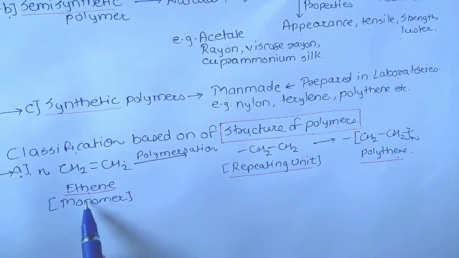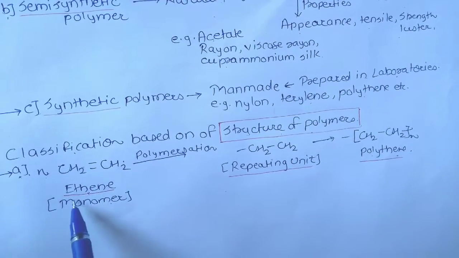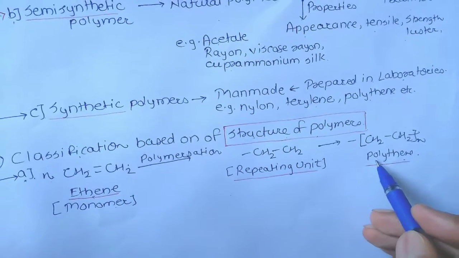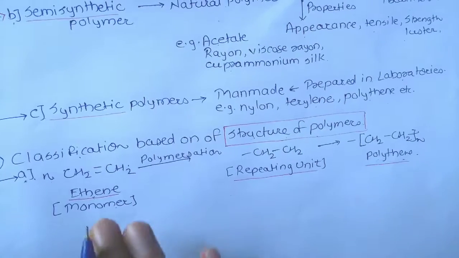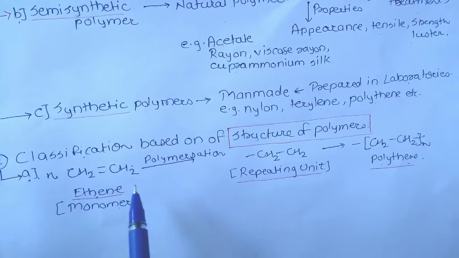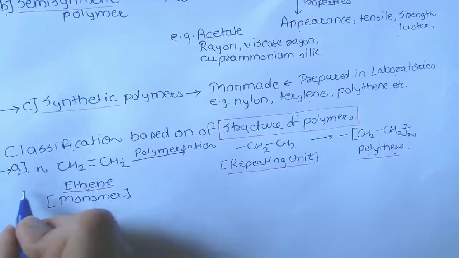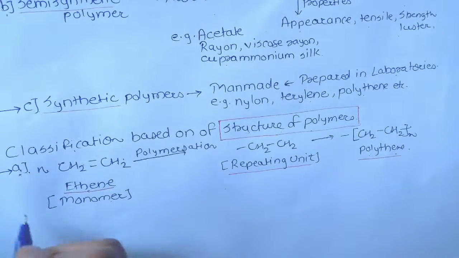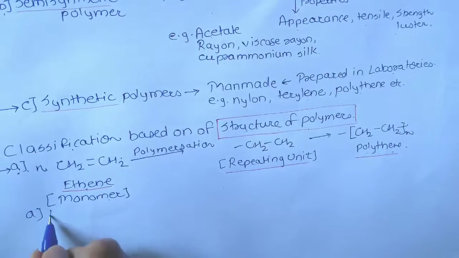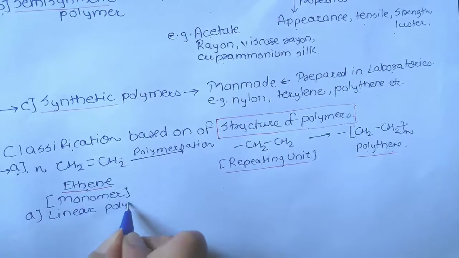Ethene, a number of times collected, gives polyethylene. Hence there is no branching here, only a linear polymer. So the first classification based on structure is linear polymer.